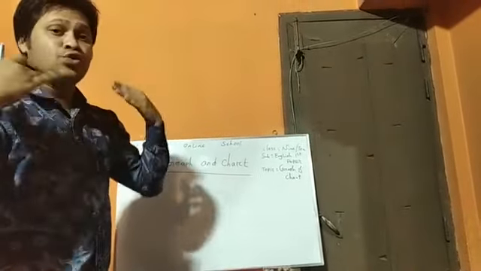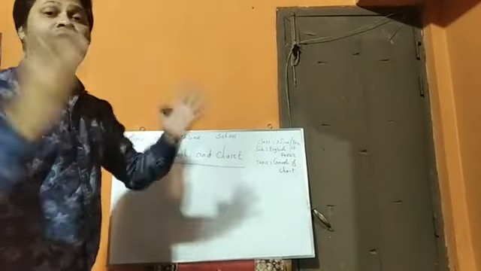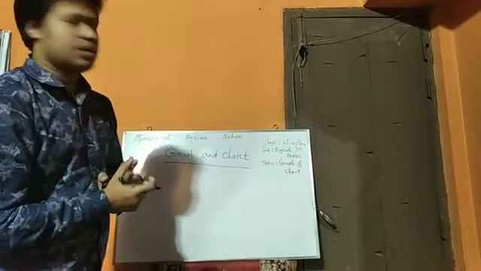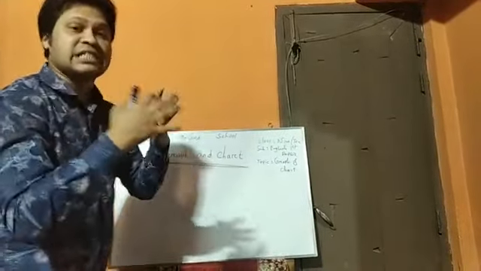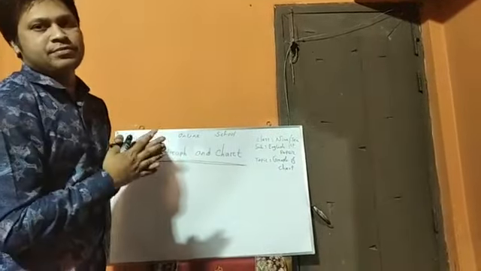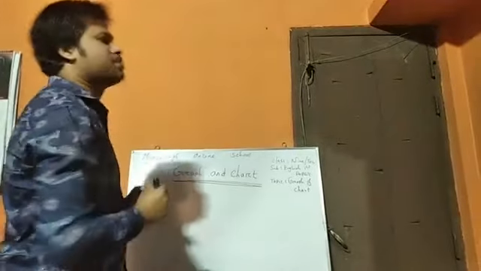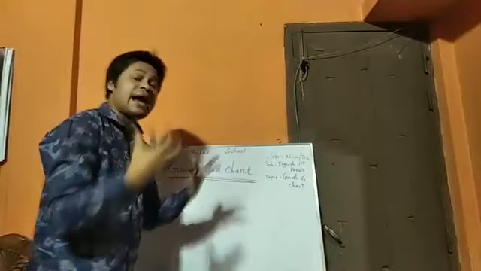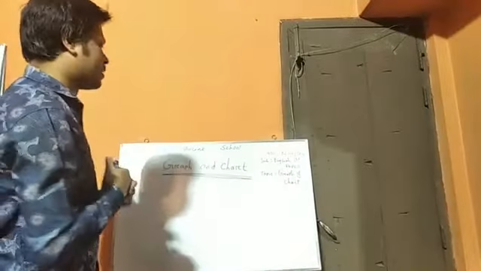It is known to all that a picture tells 1,000 words, and a graph and chart tells several paragraphs. That means a graph and chart is a huge thing, but you have to summarize this graph and chart in our examination hall or exam paper.